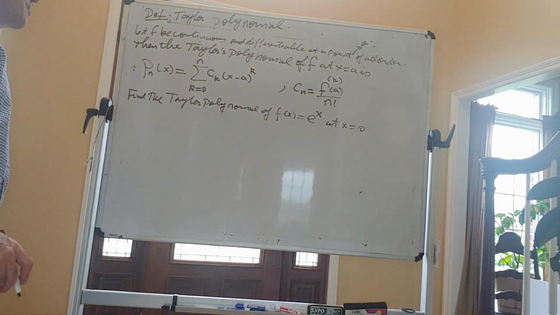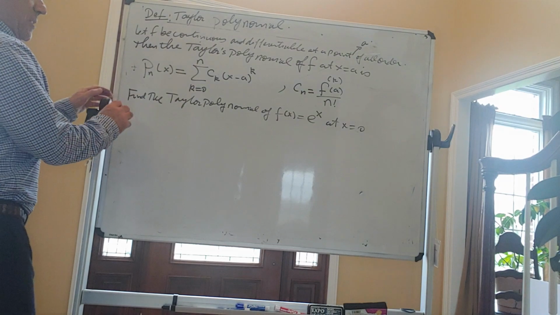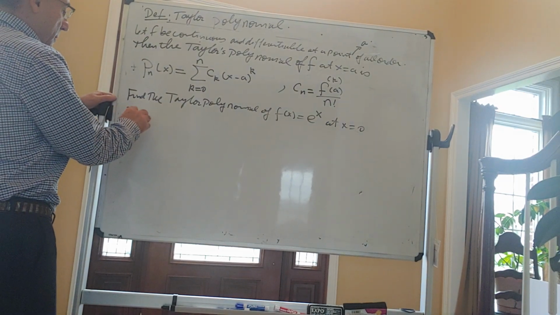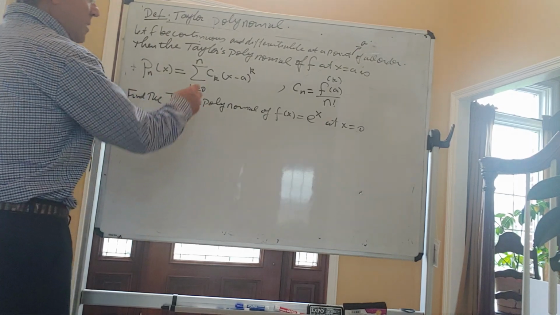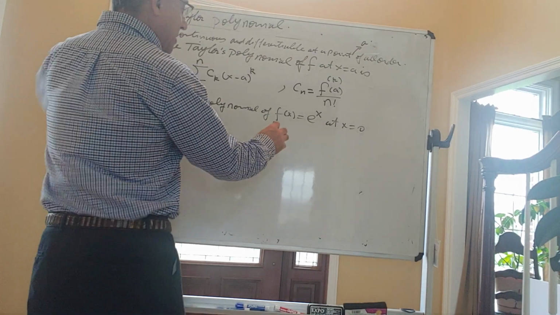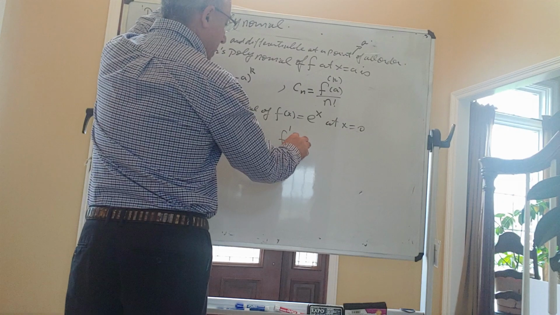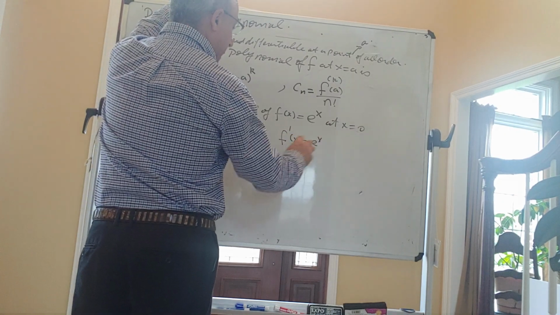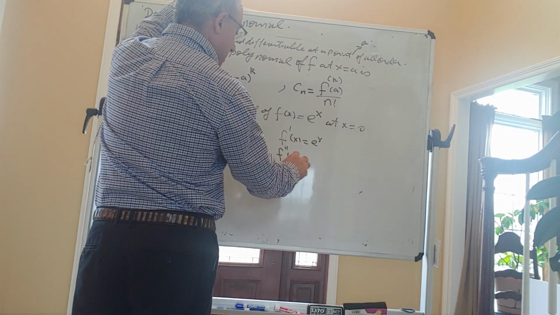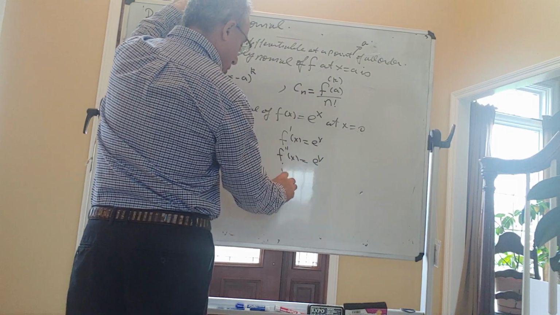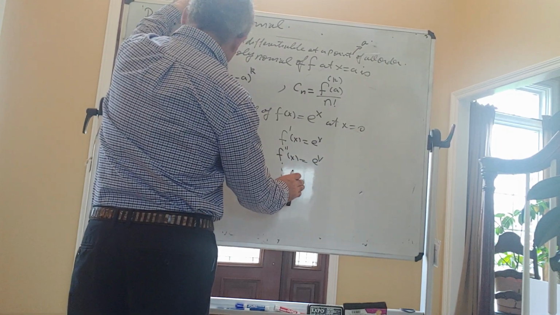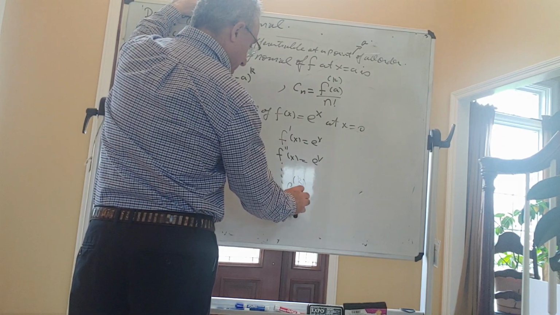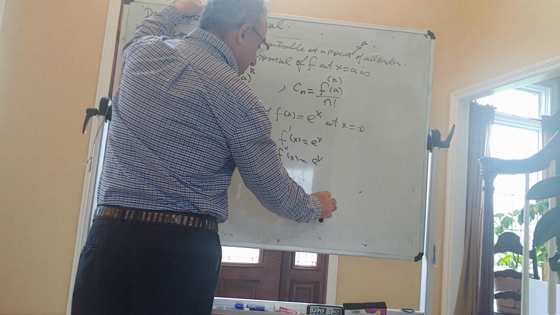All right. So we're going to take a look at Pn of x equal to the sum of ck. So let's see, f prime of x equal e to the x, f second of x equal e to the x. So all the way to the nth derivative, or the kth derivative, of x equal e to the x.